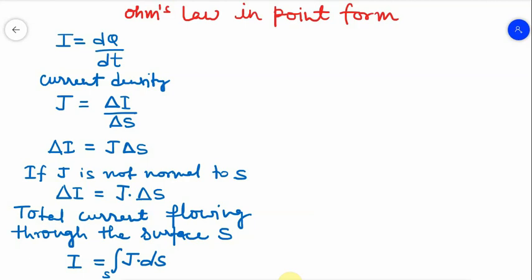Okay, now let us consider a filament. Let me draw it first. So let us consider a filament, and there is flow of charge of density rho v at velocity u through the filament. Then how will we represent del I?